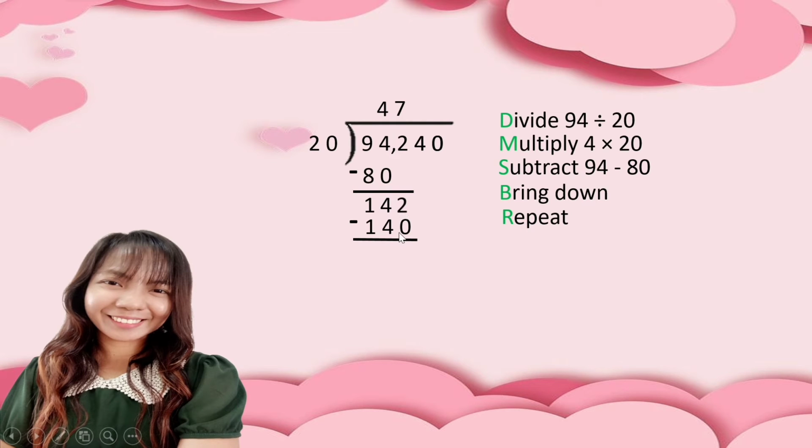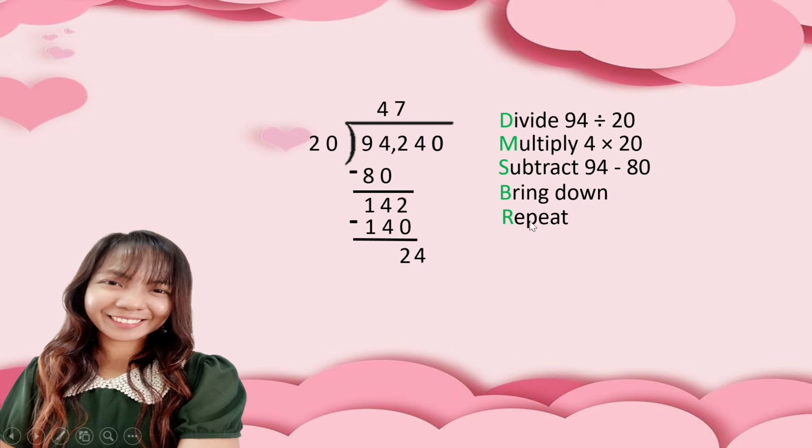Okay, 2 minus 0, 2. And then 4 minus 4, 0. 1 minus 1, 0. So you don't need to write the zeros, alright? Okay, now let's bring down 4. And now we have 24.